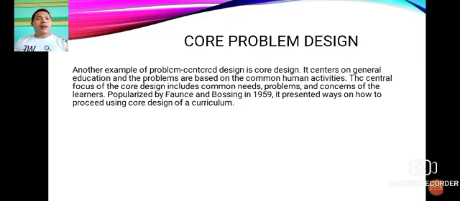Popularized by Faunce and Bossing in 1959, it represented a way to proceed using the core design curriculum. In this core problem design, there are 11 steps to make the process.